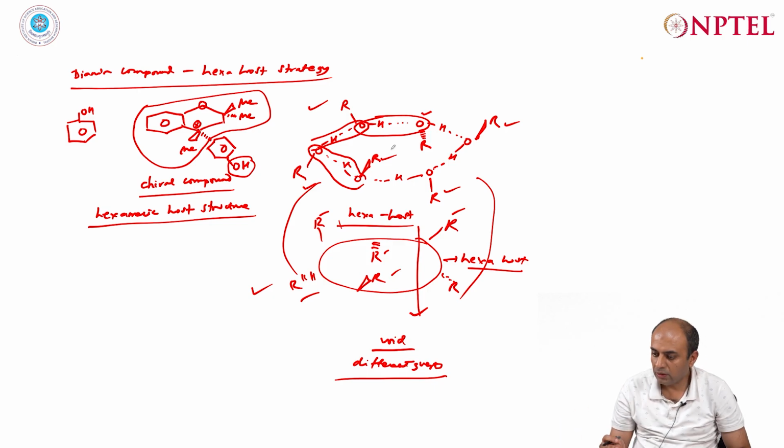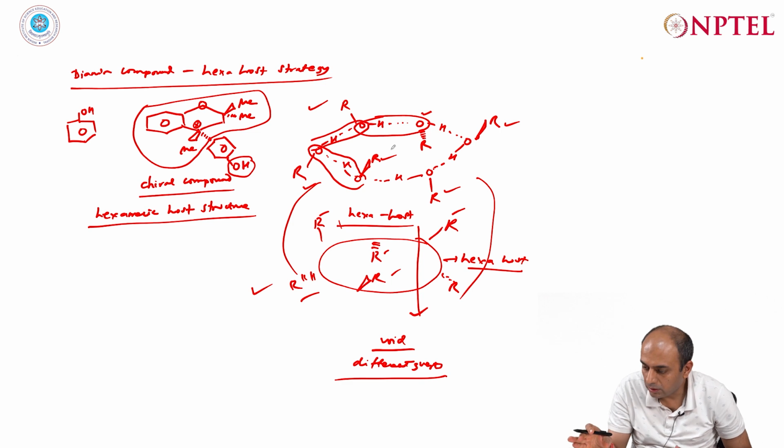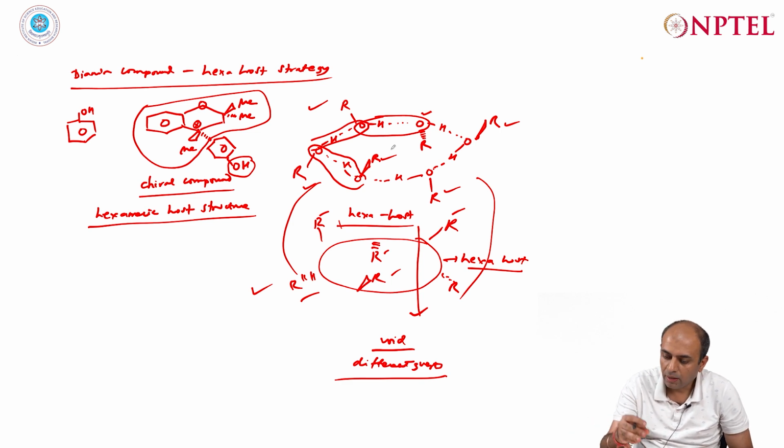And the next question was, can we maintain this host structure by modifying the substituents or by modifying the atoms which are present either on the ring or on the phenyl side? So whether modification will allow us to maintain this inclusion behavior.